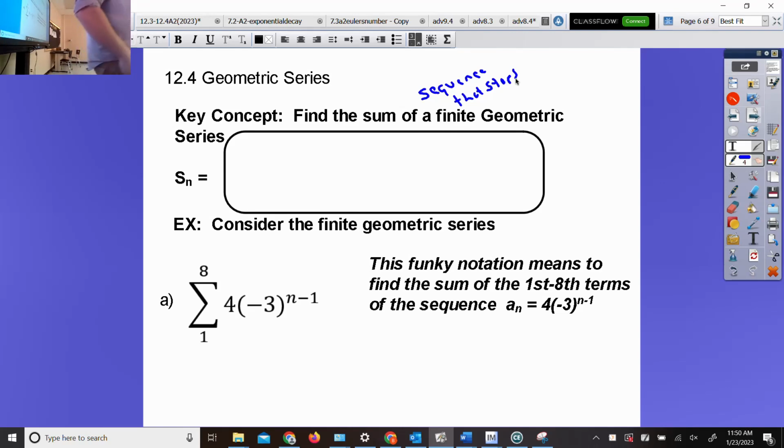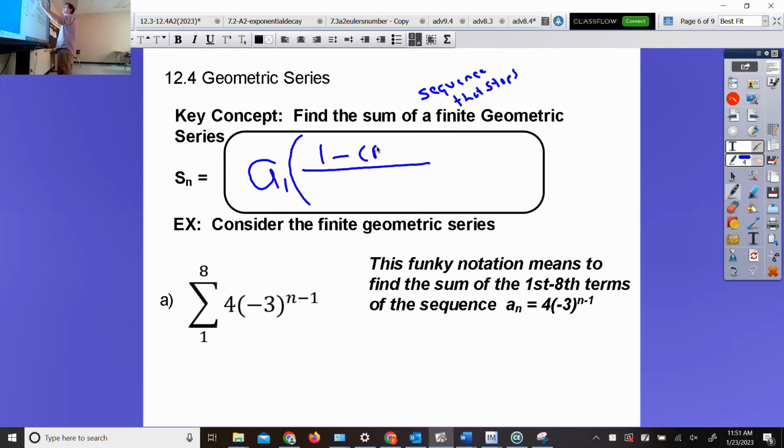Anybody know this formula? Fudge again. Sum of n things when you're dealing with a geometric sequence is a sub 1, big old set of parentheses, 1 minus, I'm going to put this r in its own set of parentheses, to the n over 1 minus r. It's not that way on the form for this, but it should be. It's a big deal if your ratio is negative.